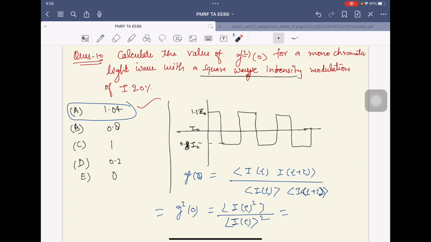It is equal to I t plus tau because it is constant like here, so this will be the average of I t squared over the square of the average of I t.